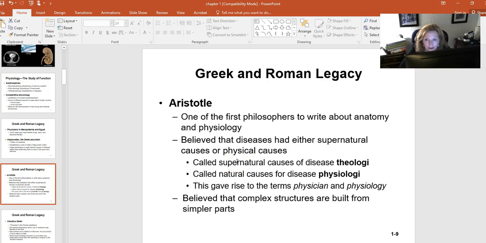There are still many, many people who believe there are supernatural forces that cause disease, or that someone deserved it, or that there was some sort of whatever as far as disease. Just not true.